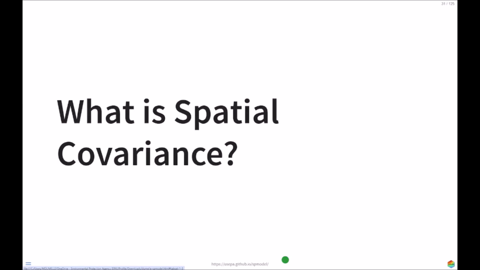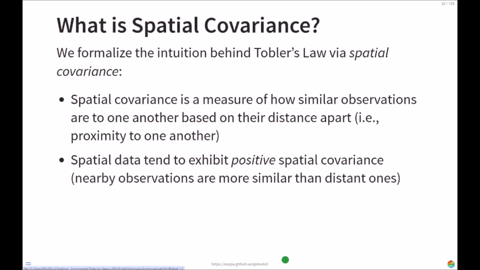Okay, now we're going to build up and talk about spatial covariance. So Tobler's law, the first law of geography: things that are nearby are more similar than distant things. We formalize this notion with what we call spatial covariance, a measure of how similar observations are to one another based on their distance apart.